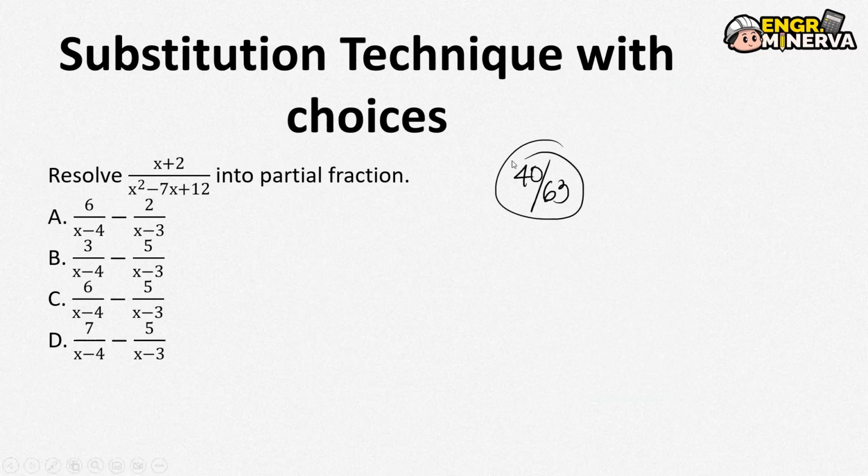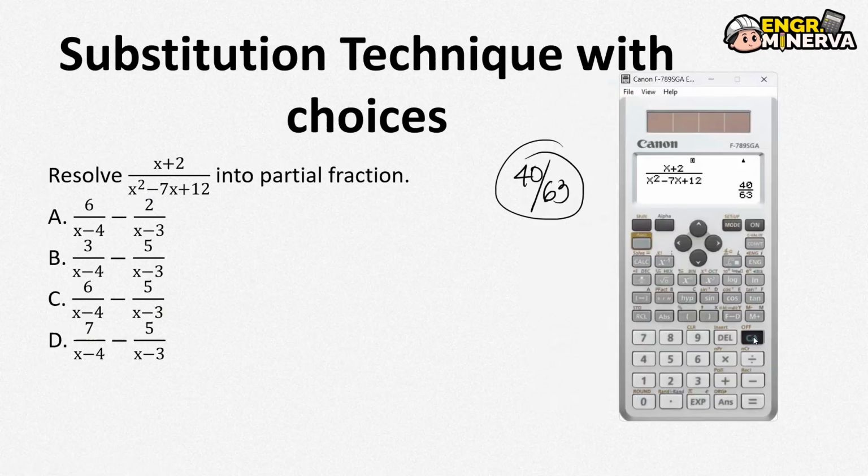Then we will use the choices to check the correct answer. Let's try letter A, that is 6 over x minus 4 minus 2 over x minus 3. Press calc, that is already 1.2. That is not the answer because it is not equal to 40 over 63. Let's try letter B, that is 3 over x minus 4 minus 5 over x minus 3.